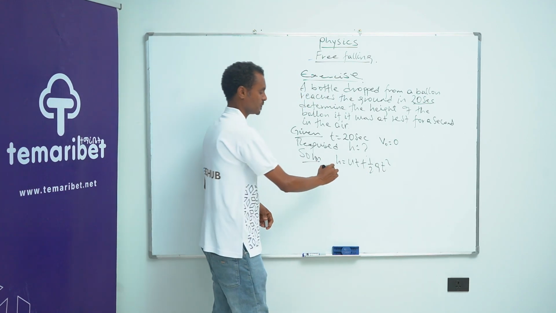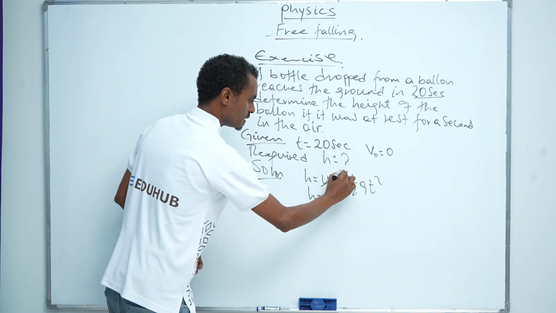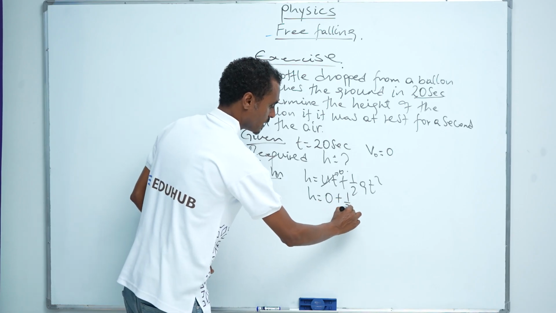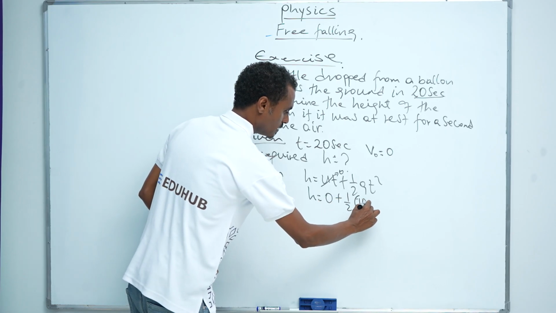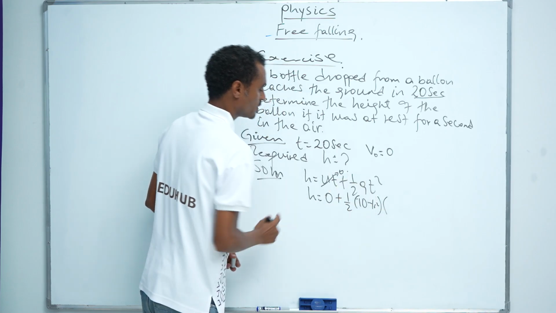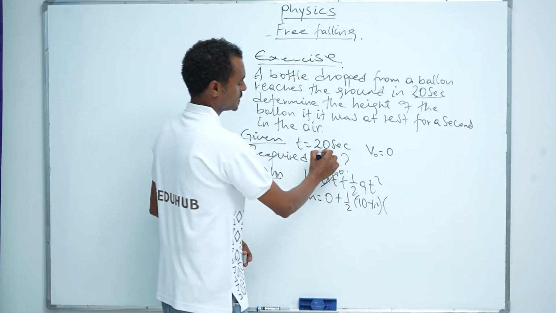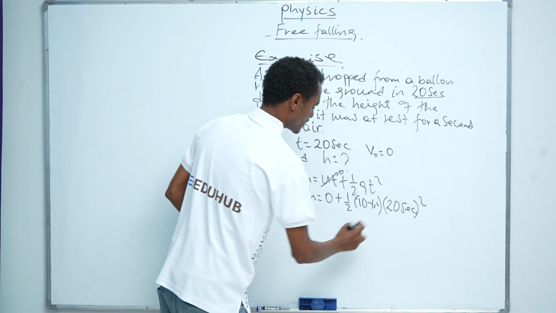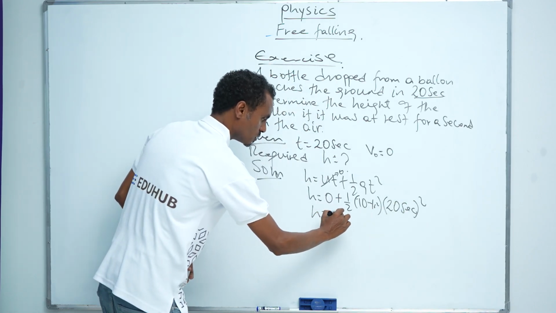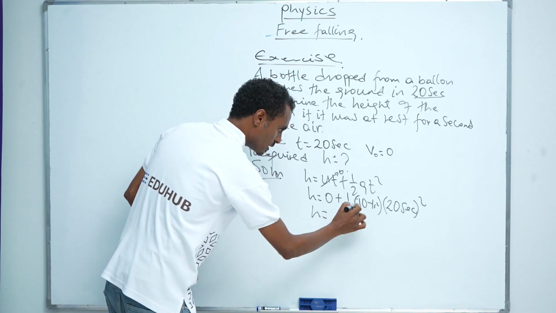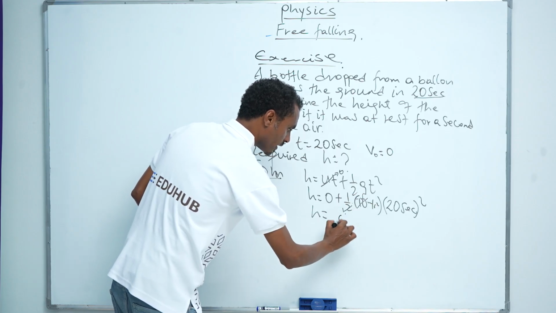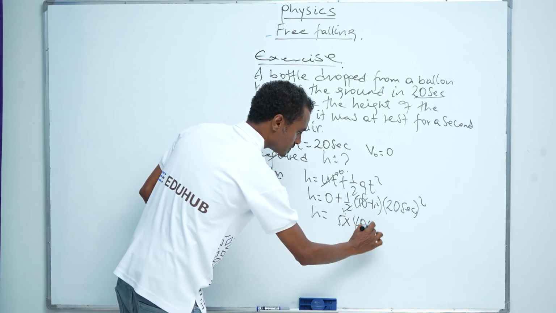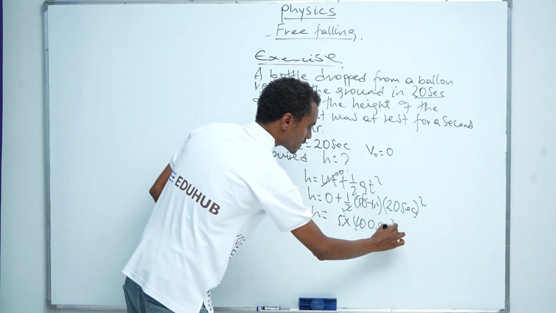So h is equal to, since the initial velocity is 0, we substitute 0, plus half times 10 meter per second square multiplied by our time, which is already given, that is 20 second square. h is equal to half, 1 by 2 times 10 is 5, times 20 square, which is 400 second square.